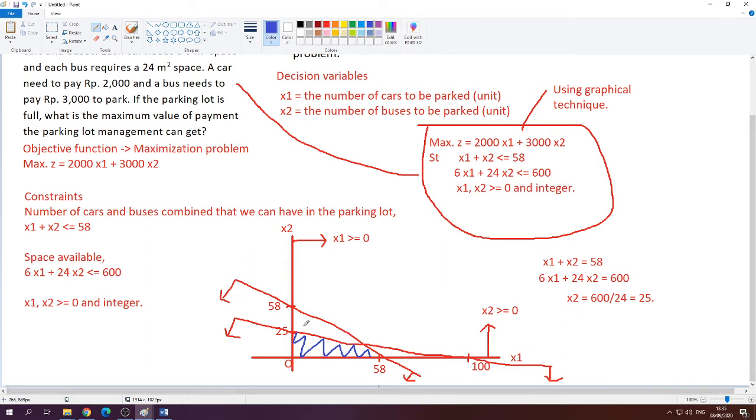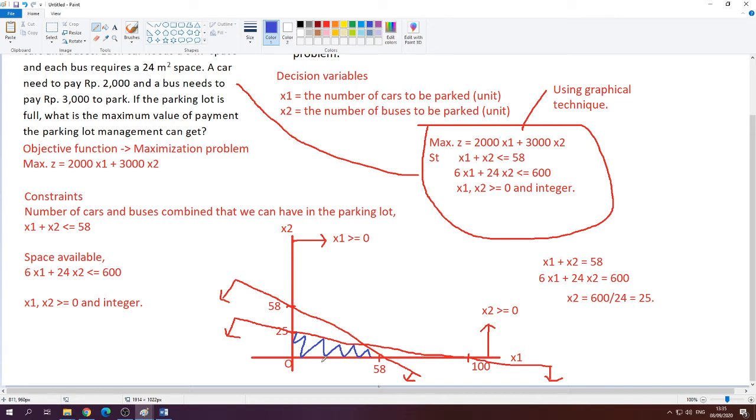If you pick this as the feasible region, it will not satisfy the second constraint. But if you pick this area as your feasible region, it will satisfy all the constraints.